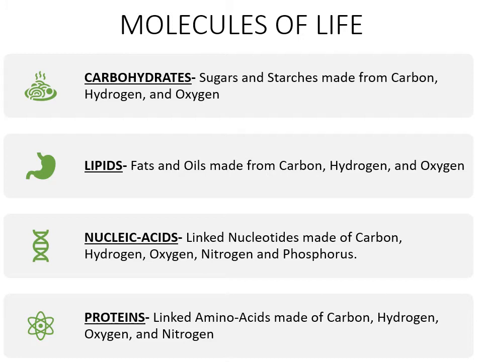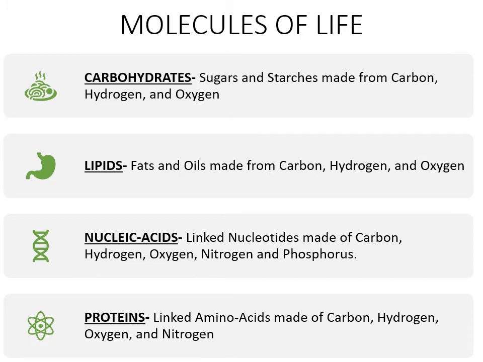Okay, or if the body says, I have enough energy right now, I'm going to store my sugar, my glucose, as energy for later on. It can store it as glycogen in the liver. And glycogen is just long strands of sugars. Okay.